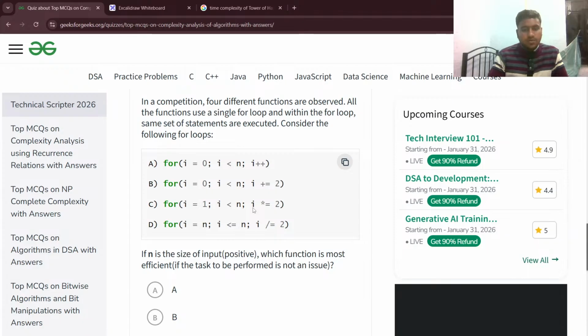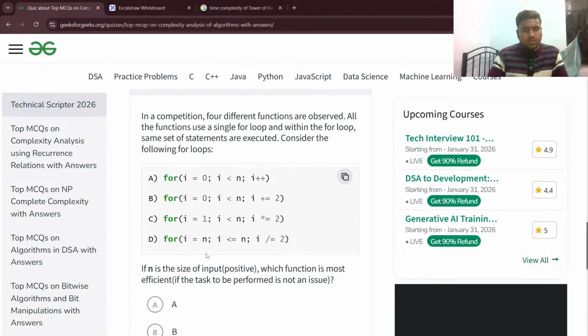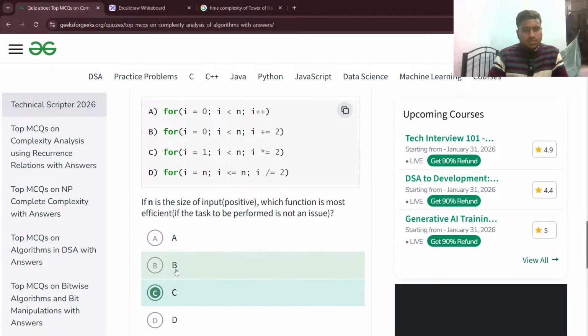This is big O of log n. And this has also the most efficient. Yeah, C is the correct answer.